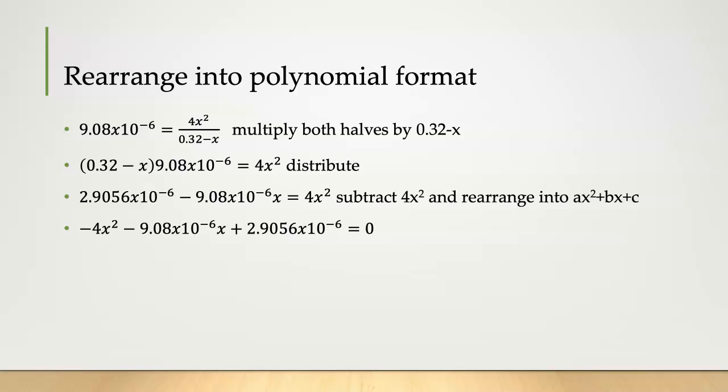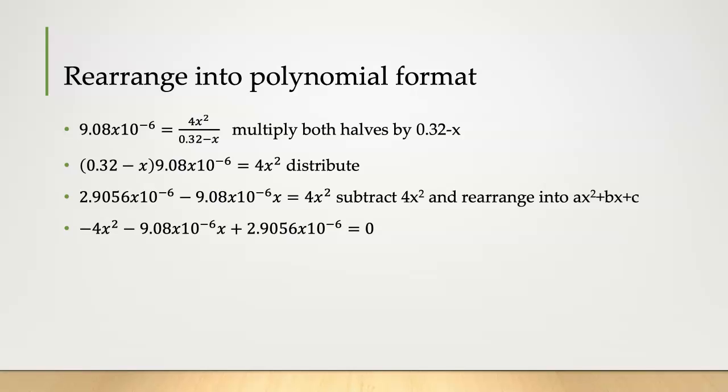So in order to do that, you can multiply both halves by the 0.32 minus x, which is the reciprocal. And once you distribute that out amongst that 9.08 times 10 to the minus 6, you should get 2.9056 times 10 to the minus 6 minus the 9.08 times 10 to the minus 6x is equal to 4x squared.